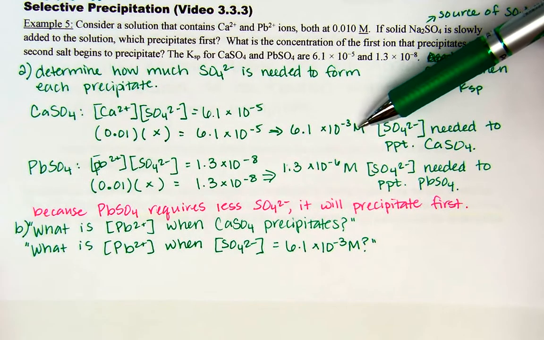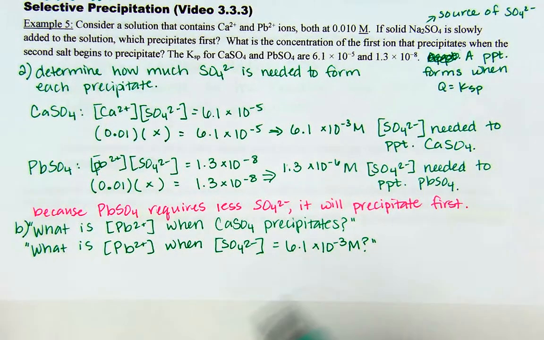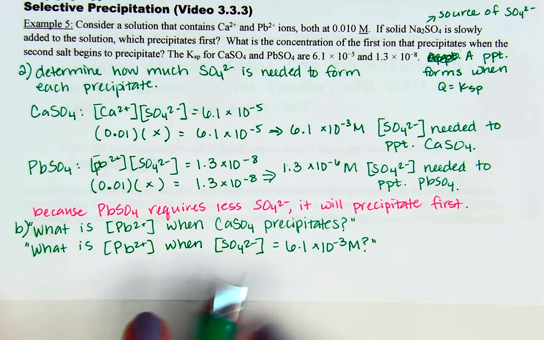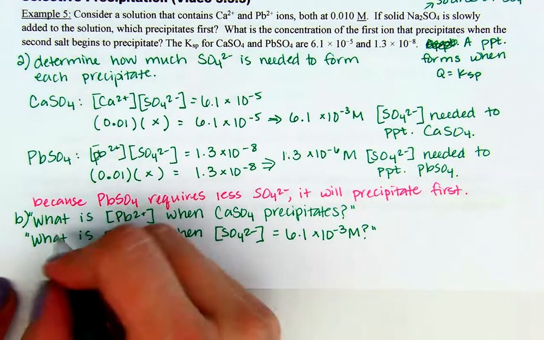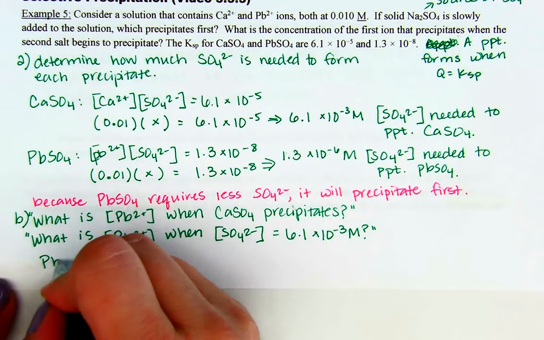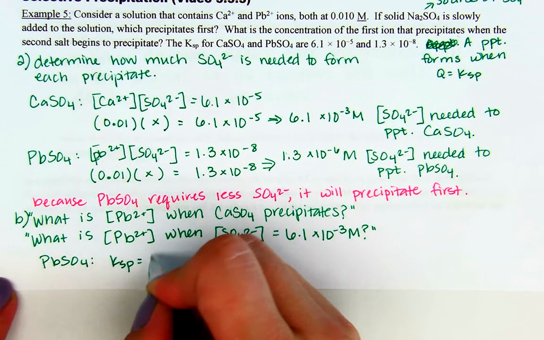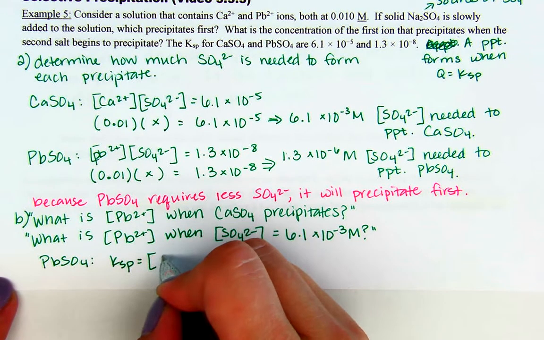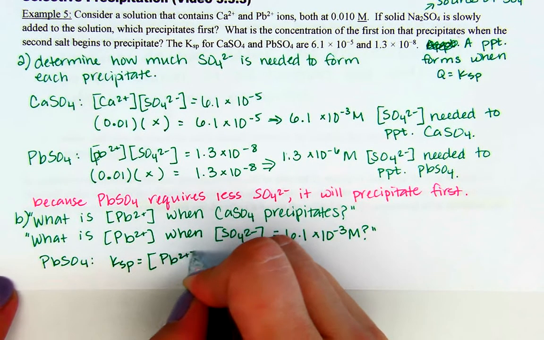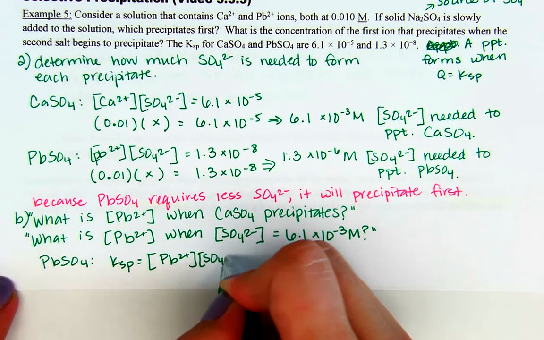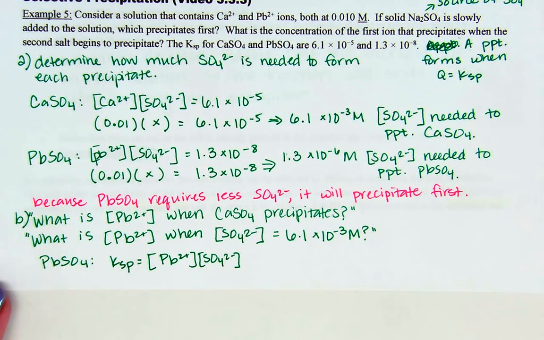Well, to do that, the only thing you need to do is find the lead concentration with your KSP equation. So for lead sulfate, KSP equals Pb2+ times sulfate. These are in a 1-to-1 ratio, just like we've been writing before.